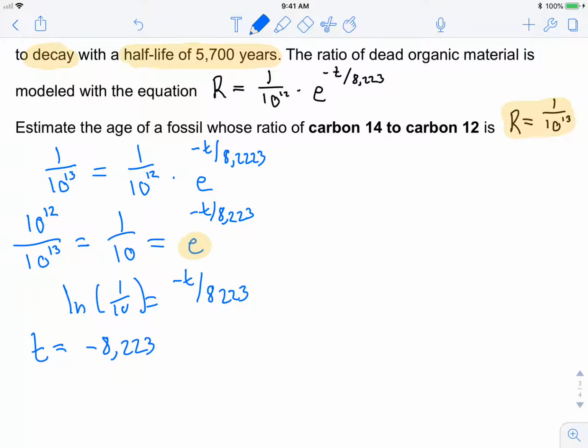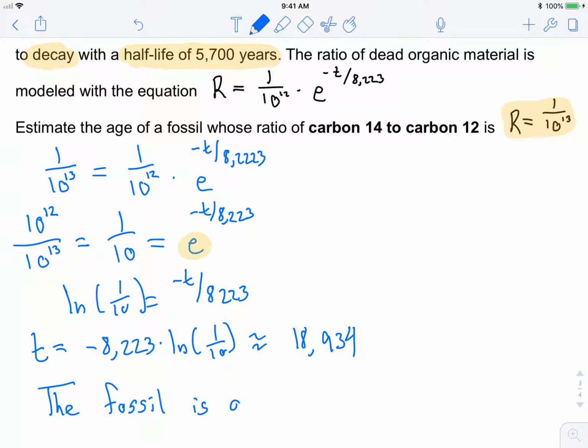So t is equal to negative 8,223 times the natural log of 1 over 10. And again, with our calculator, we get this is about 18,934. So the fossil is about 18,934 years old. And we've done it.